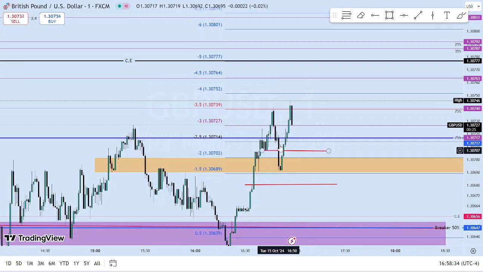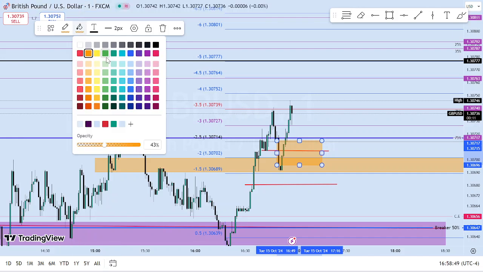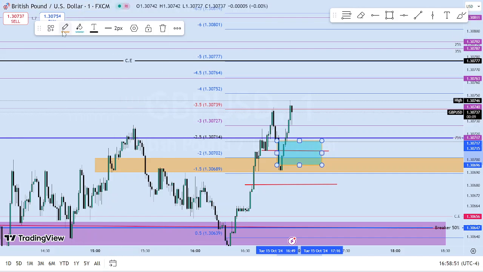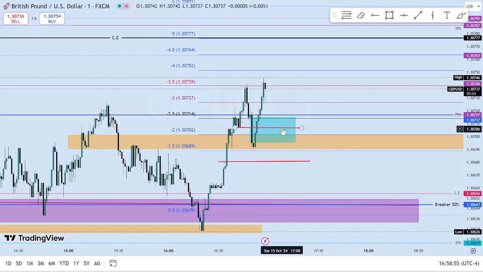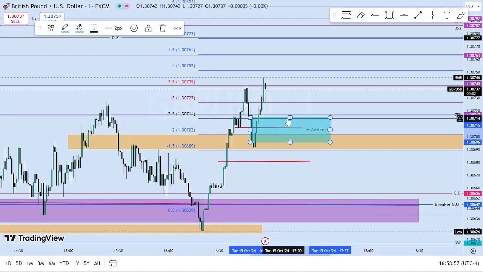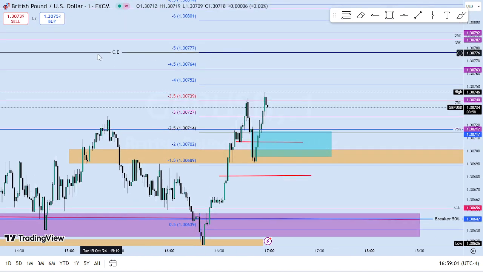Now we have an inversion here, seeing this candle low and this candle high. I would like to see price deliver inside here, then reach forth at our consequent encroachment.